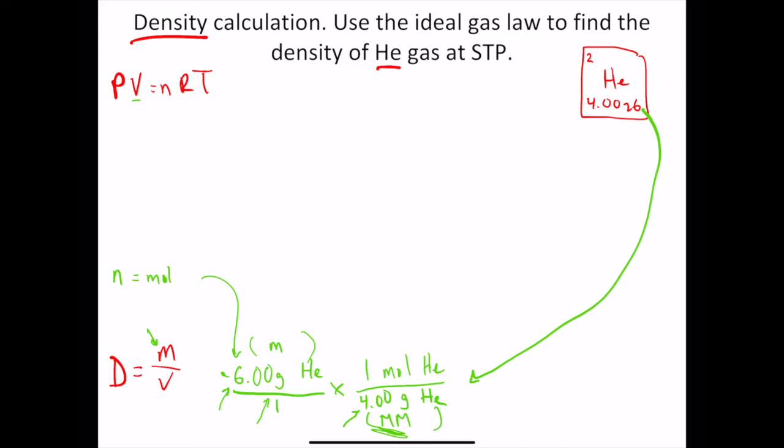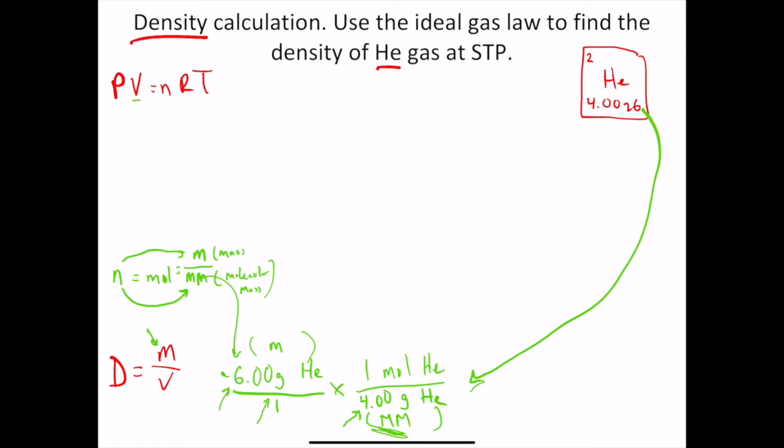Here it's molecular mass because we're getting that from the periodic table. But what is moles? Moles is just taking the mass and dividing it by the molar mass. So n actually will equal m over mm, where this is mass, and this one's molecular mass.